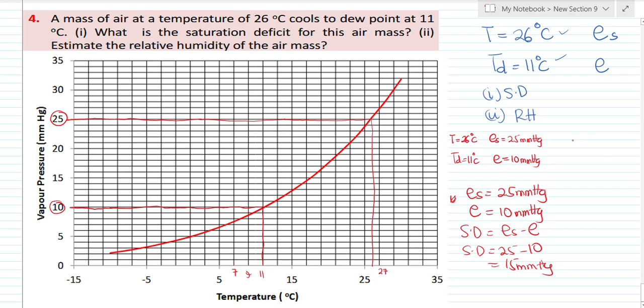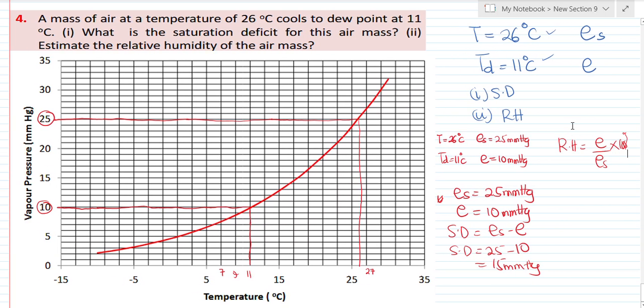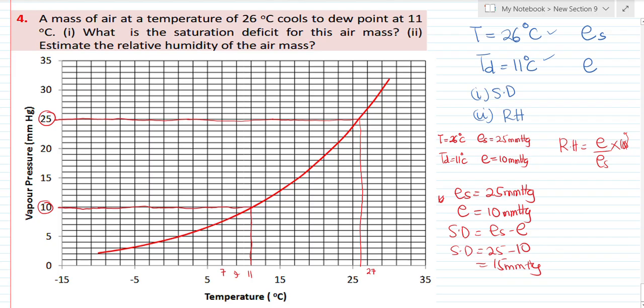Now, what is my relative humidity? It is my vapor pressure over my saturated vapor pressure times 100%. So 10 over 25 times 100. This will go here 1, this will go here 4. And so my relative humidity is 40%.